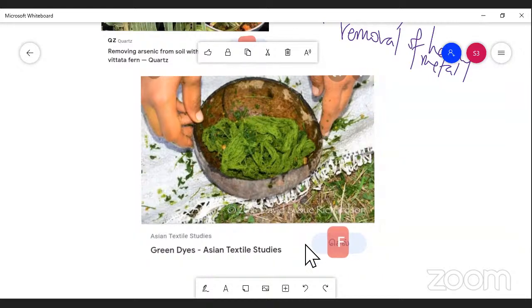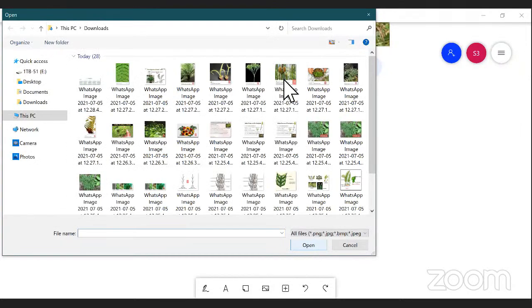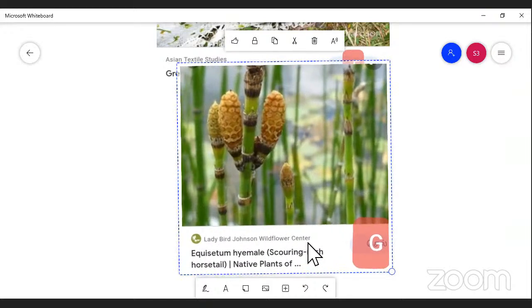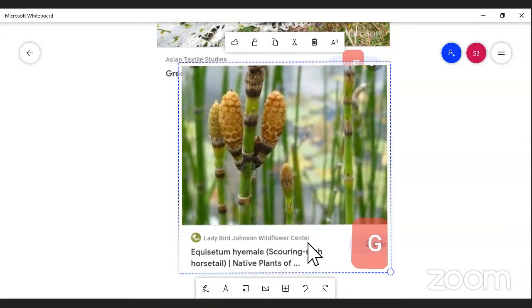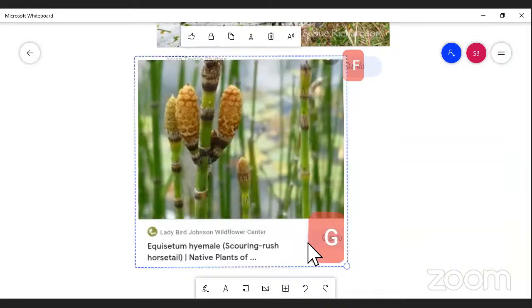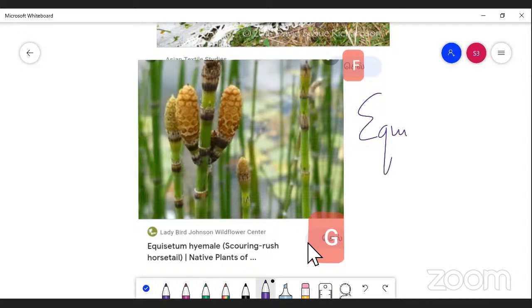The next one is scouring, that is Equisetum. Equisetum is used as a scouring rush, also known as horse tail. Which of the following plants is called horse tail? My dear students, please understand, it is Equisetum.